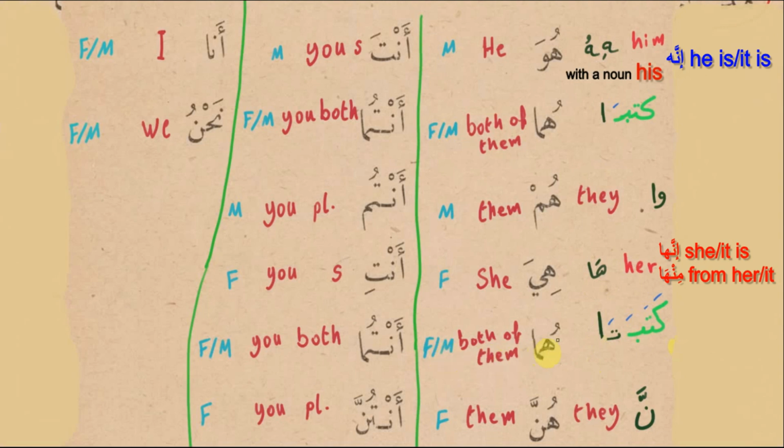Now both of them huma, notice huma, the third person separate is the same for feminine and masculine. That's for the both of them. Now notice the difference here. كتبتا. So here for the dual كتبا, here كتبتا. This ta is added. This here is called the feminizing ta. It's supposed to be silent.